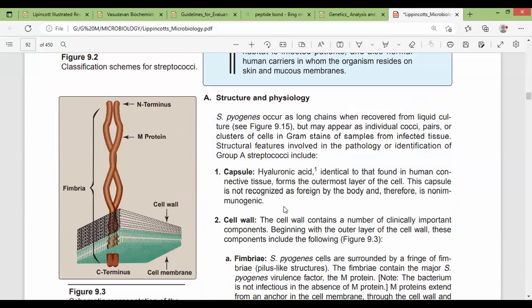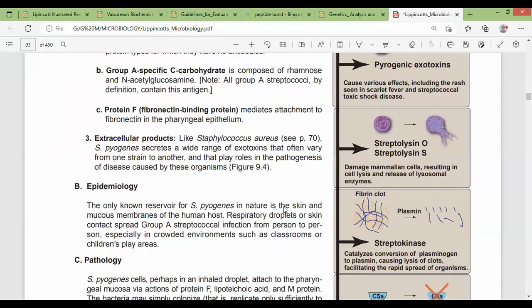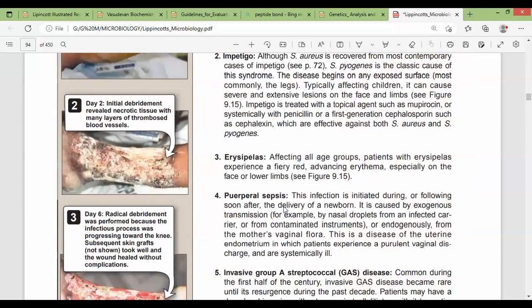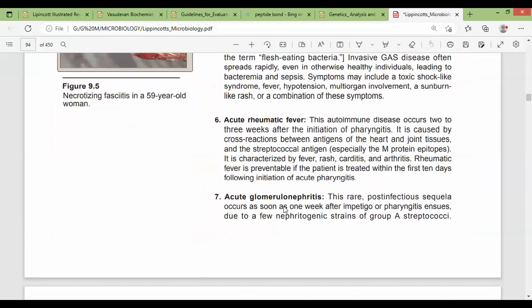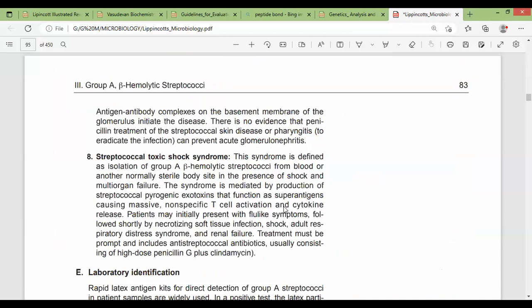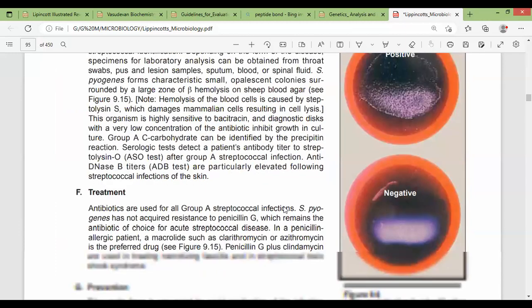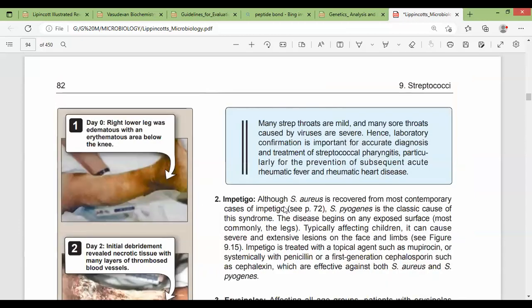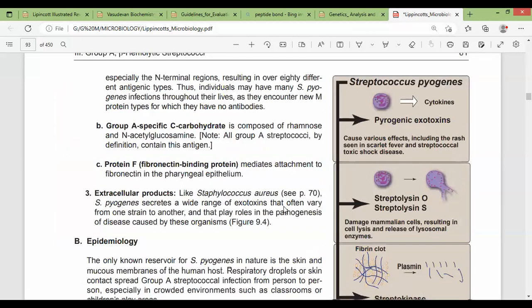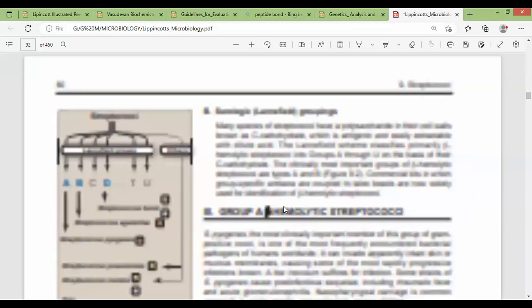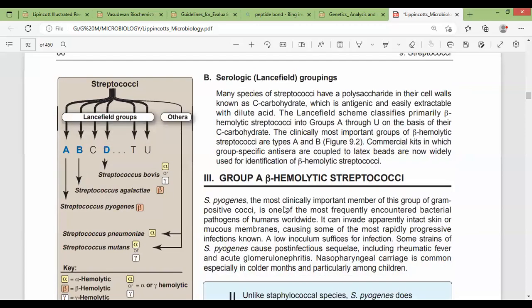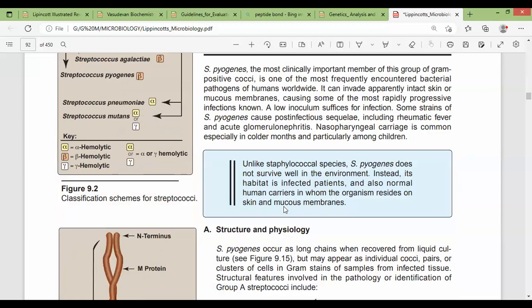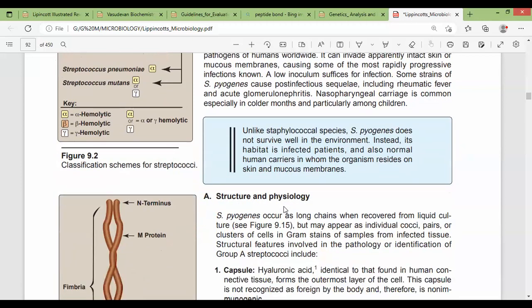And because of its ability to cause rheumatic heart disease, we look at one specific virulence factor that is relevant when this organism does cause rheumatic heart disease, right? Again, it does cause that rheumatic heart disease. Okay, let's just move on. I'll look at that when we are going ahead.